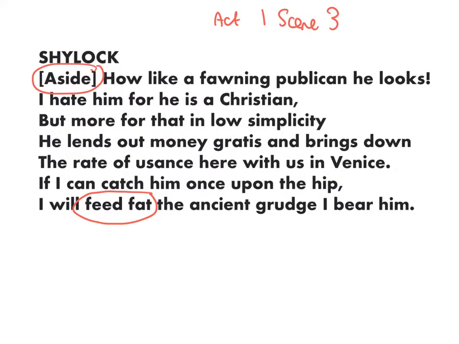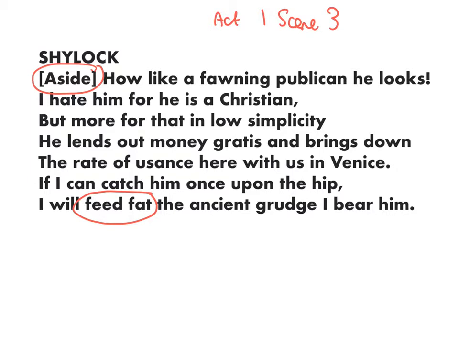One early piece of evidence for Shylock being a villain is in Act 1, Scene 3, his aside. Now, contextually, of course, an aside was something that only the audience and the character speaking it could hear. The other characters on stage aren't meant to hear it.